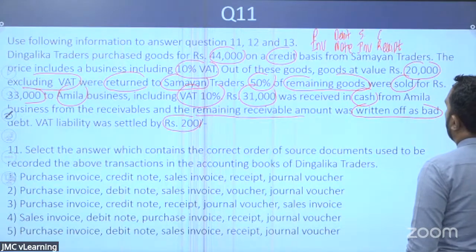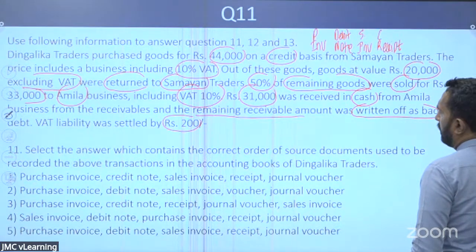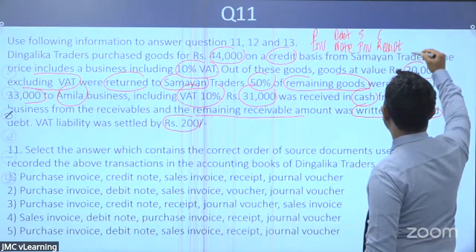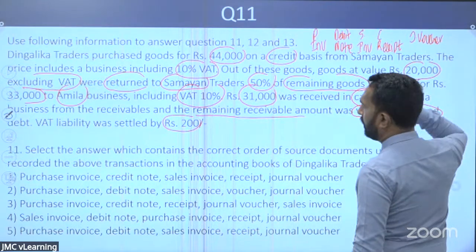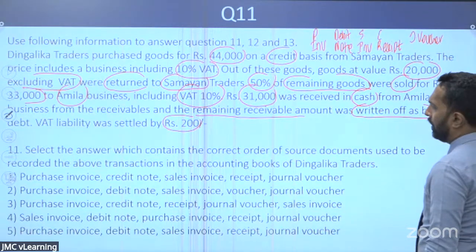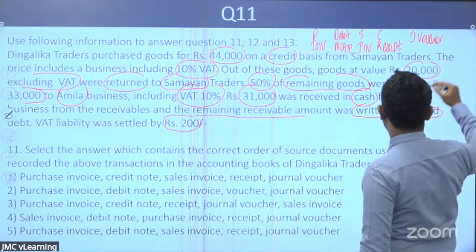The remaining receivable amount written off as a bad debt is a journal voucher. Final one, VAT liability was settled, payment voucher.